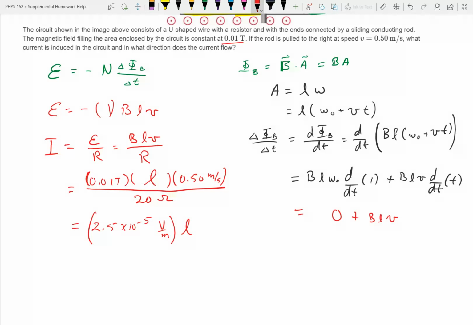Something went wrong there. It's got to be 2.5 because the top is 5 times 10 to the minus 3 divided by 20. That's a Tesla. This here is not a number, that's Teslas. Okay, so now I have what you have, except it's -4. Okay, so we have this here, but we have to know the length to actually get the value.